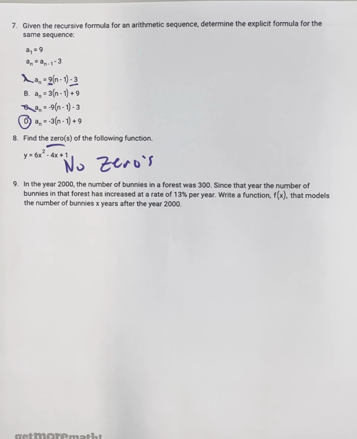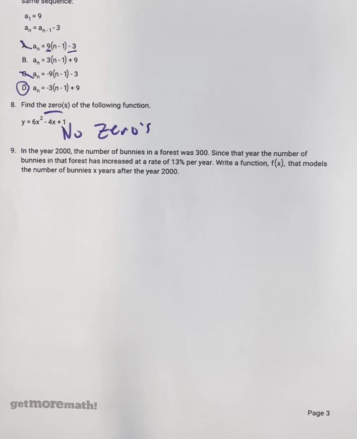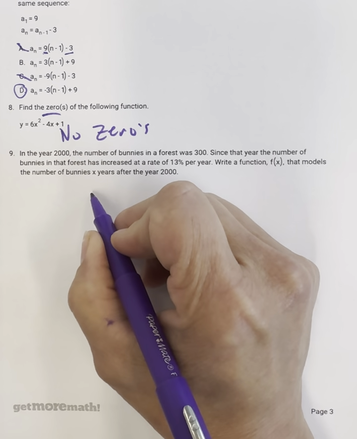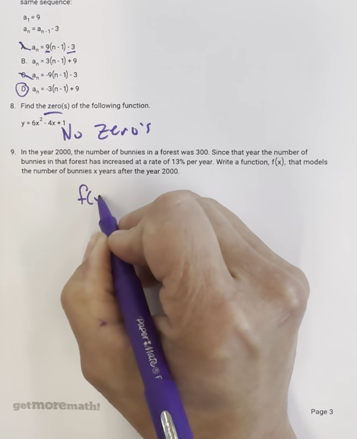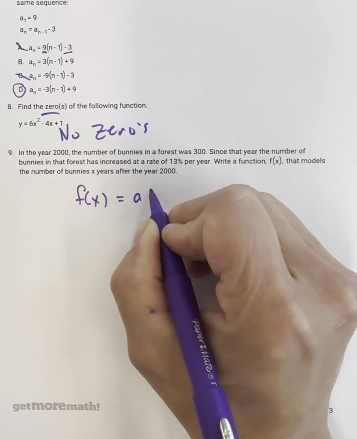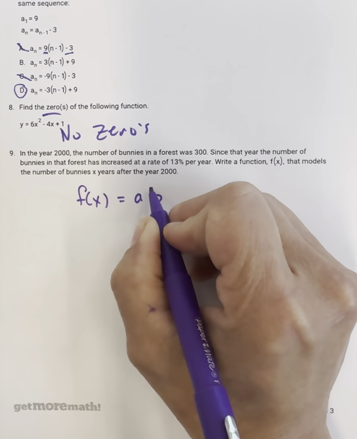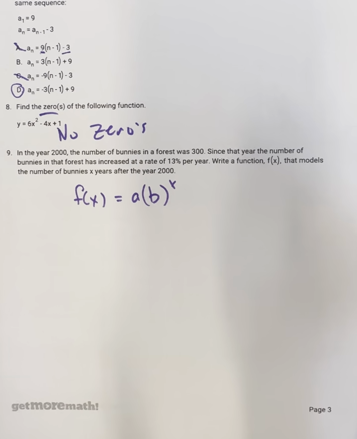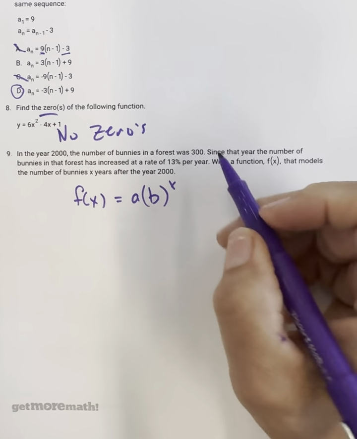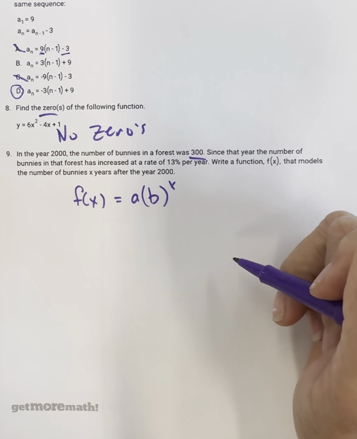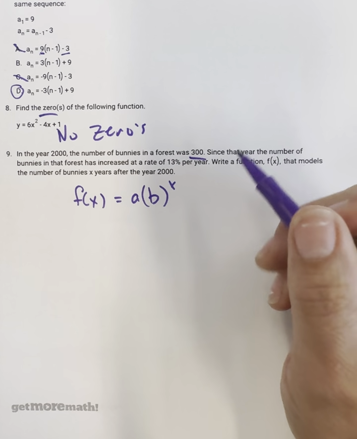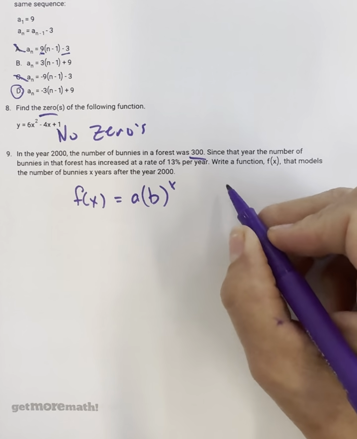Number 9. So this is our exponential function. So you have f of x equals your a times your b raised to the x. And a is your starting point. So we're starting with 300 bunnies. And since that year, the number of bunnies in the forest has increased at a rate of 13%.